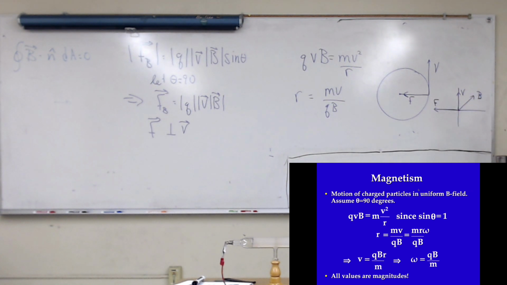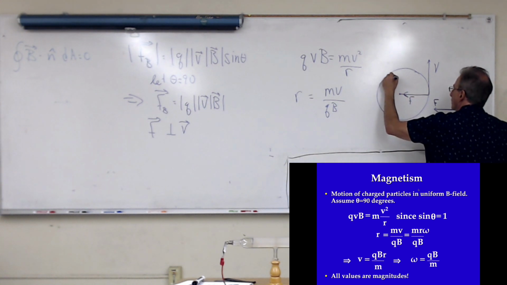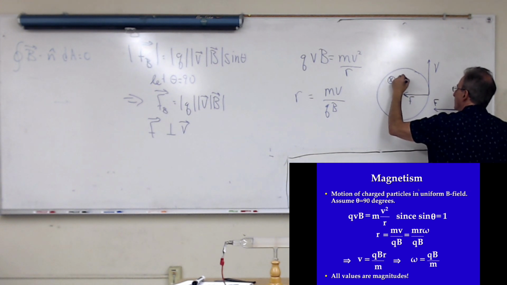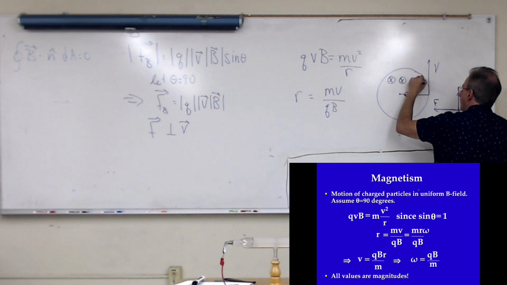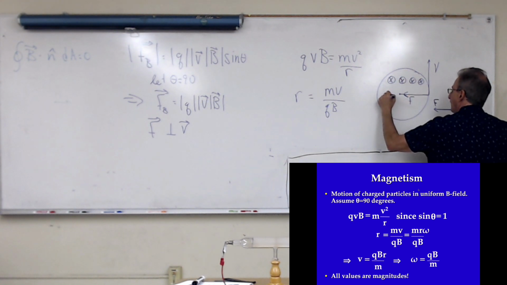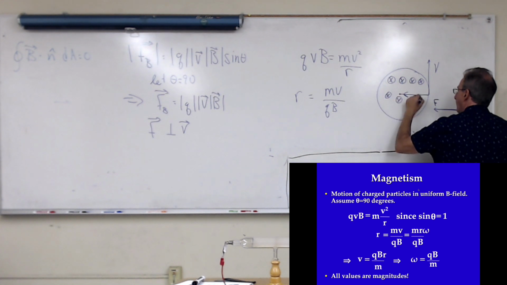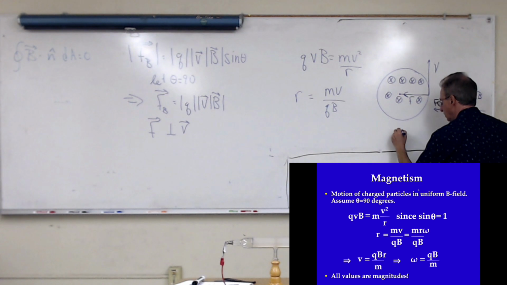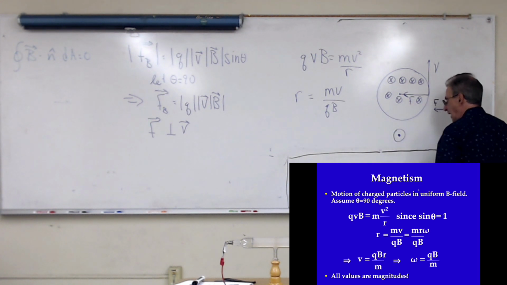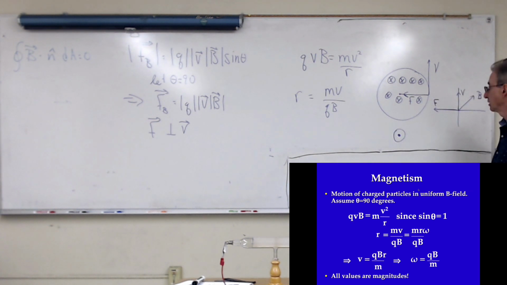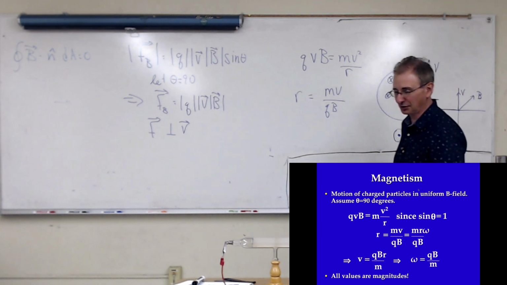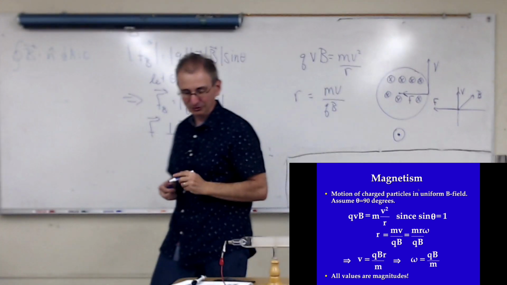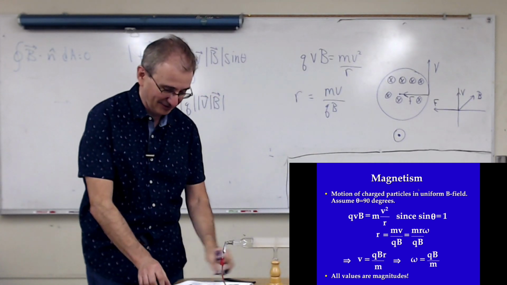V cross B, yeah, you're right. So the magnetic field's into the board, and so we denote a magnetic field into the board like this. If the magnetic field was out of the board, we would denote it this way, a circle with a dot. Okay, so we're going to use that notation because we have to think 3D now when we're doing magnetic fields. We're dealing with cross products, so you have to deal with 3D items.